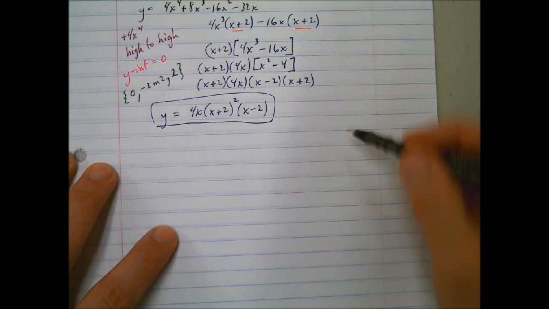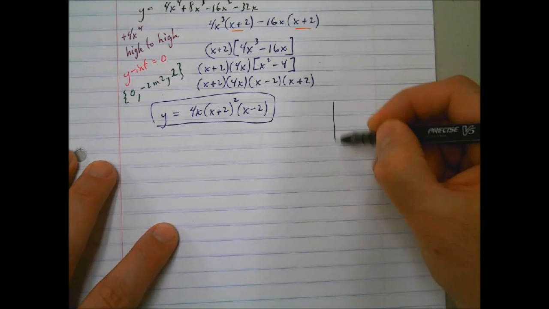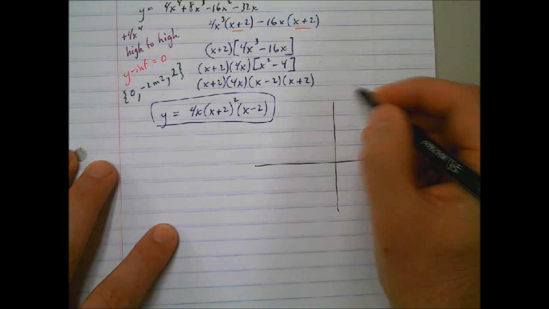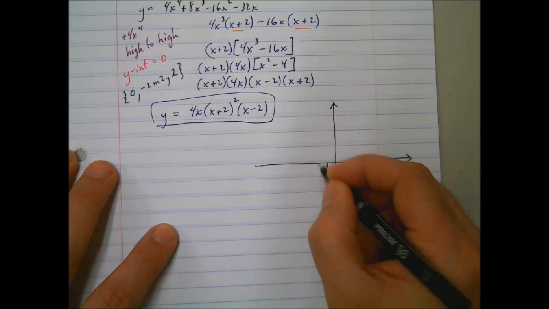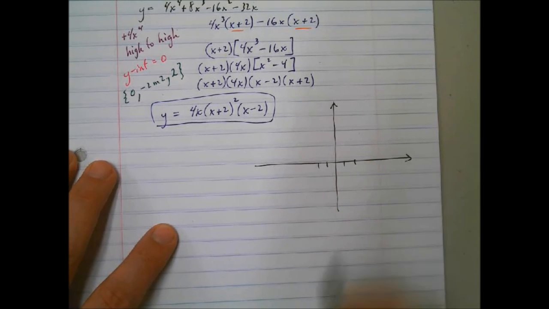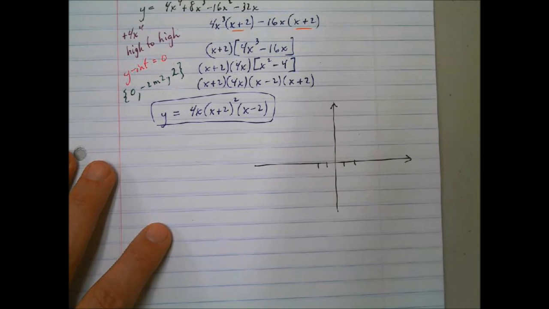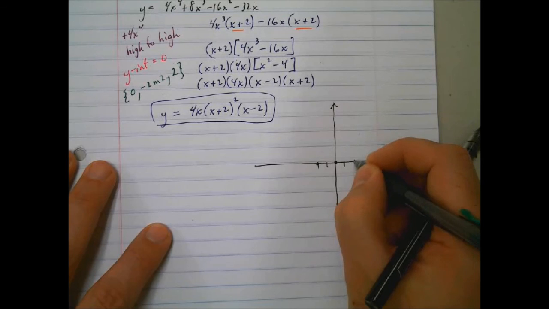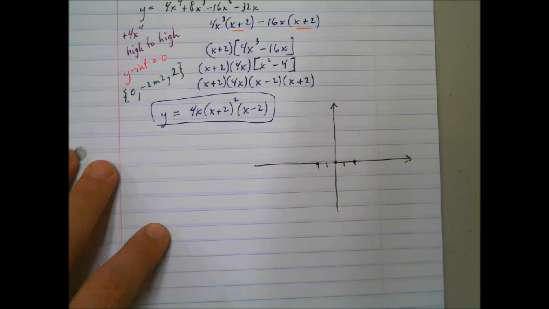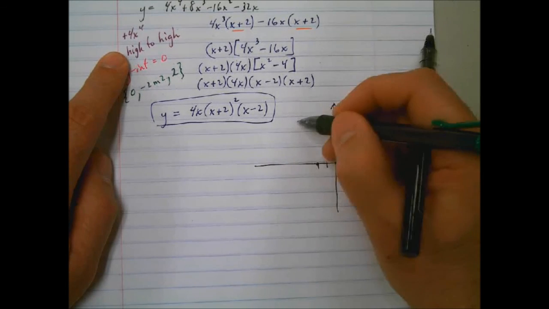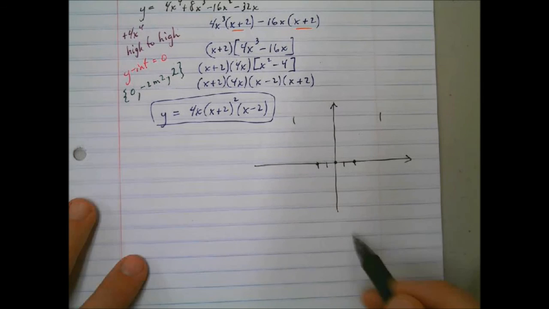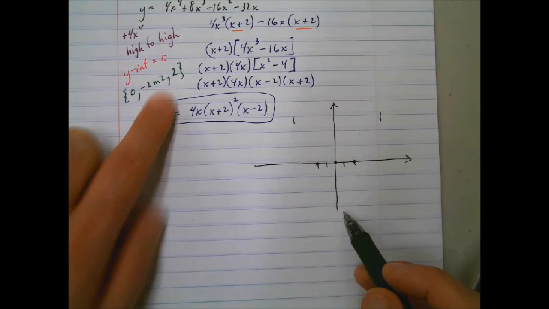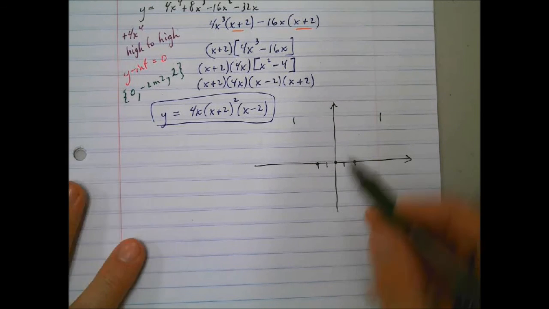Okay, so sketching the graph now. It is a high to high, and it bounces at -2, goes through at the others.